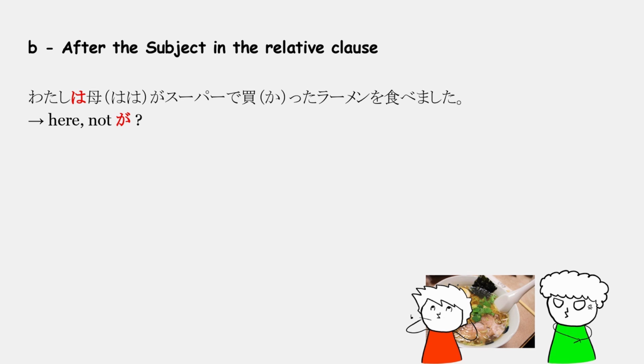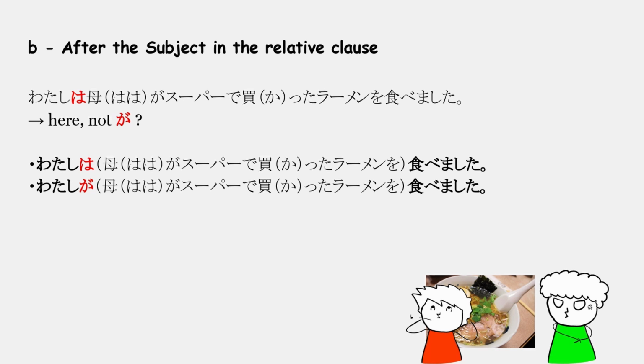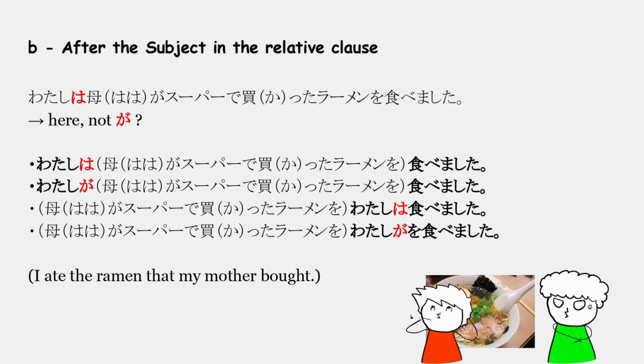In fact, this は with 私 relates to 食べました, the verb. So it doesn't relate to the noun. That's why this は doesn't need to become が。And that's also why this subject can take both は and が。And as you can see, it can move in front of the verb too.